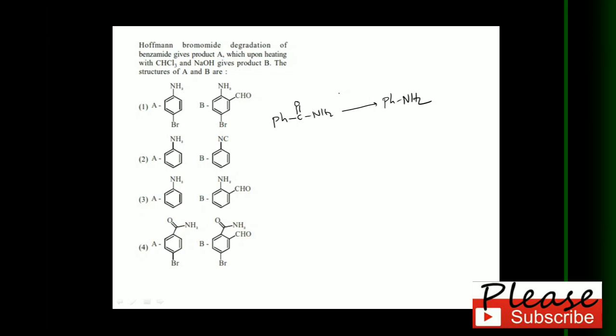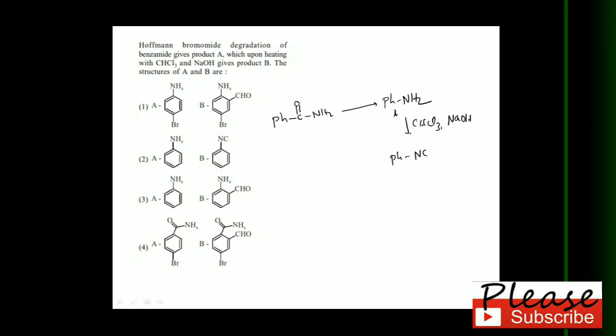Okay. So now here, which upon heating with chloroform and NaOH gives a product B. That means it is the phenyl isocyanide. It is a carbylamine reaction or isocyanide test actually. So primary amines can give the isocyanide test. That means primary amines on reaction with alcoholic NaOH along with chloroform give the foul smelling compound, that is the isocyanide.